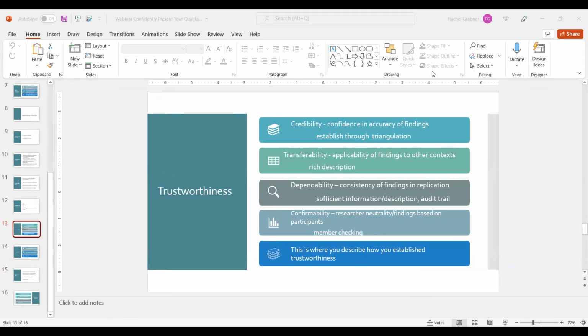Triangulation using multiple sources of data, using in-depth description or rich description, an audit trail. So kind of a diary of your thinking about the process and the decisions that you've made related to data analysis.